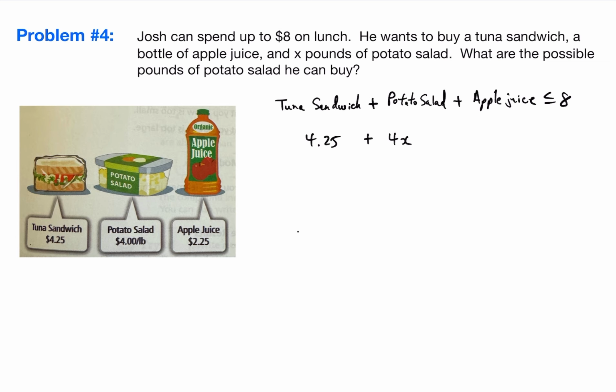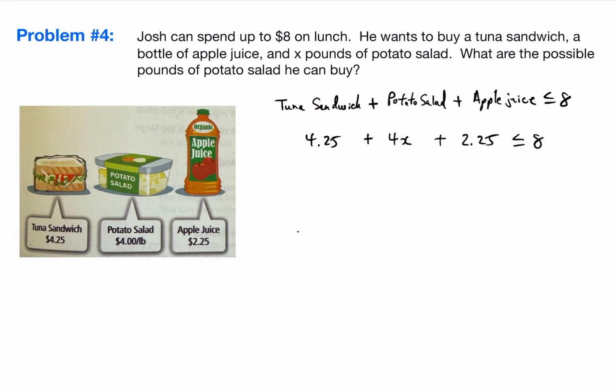So if Josh orders 1 pound, it's going to be $4. So it's going to be 4X. If Josh orders 2 pounds, it's going to be $8. All right, and then lastly, apple juice is $2.25. So plus $2.25, and that has to be less than or equal to 8.